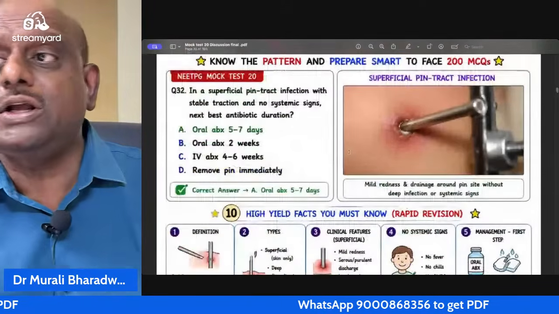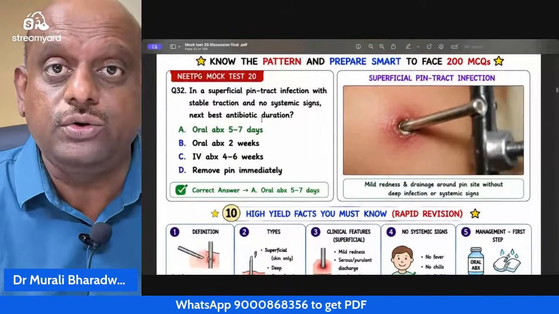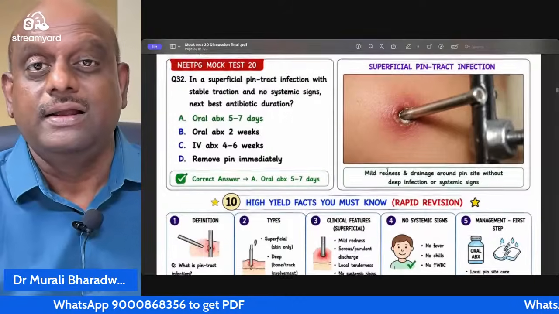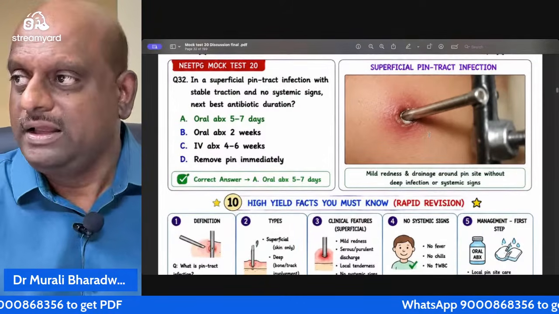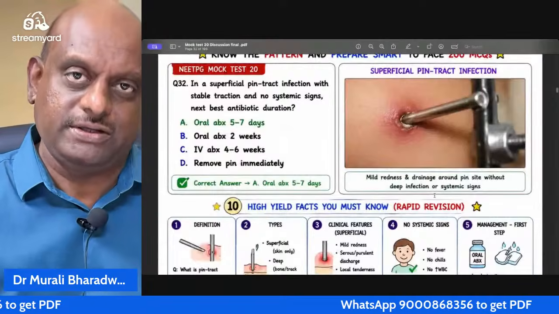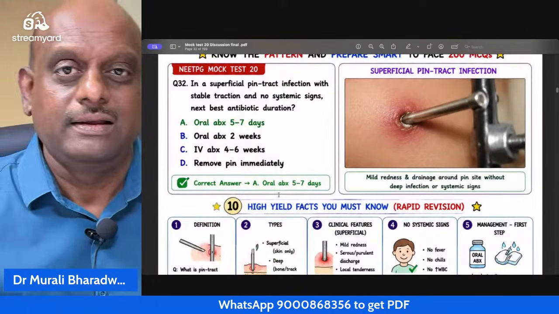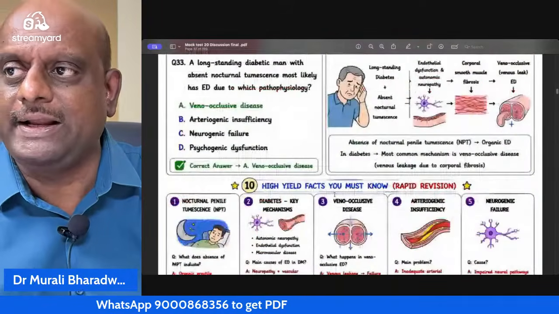In a superficial pin tract infection with stable traction and no systemic signs, what is the antibiotic duration, doctor? If there is mild redness and drainage around the pin site without deep infection, then it is a superficial pin tract infection, and oral antibiotics for 5 to 7 days is considered the management.